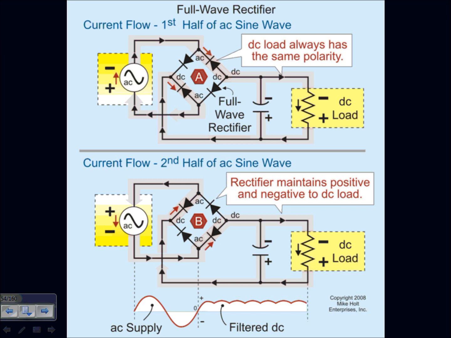One is to correct the power factor, which we're going to be studying later on. Another is when you convert from AC to DC, to smooth the AC, make it closer to actual DC, a filter.